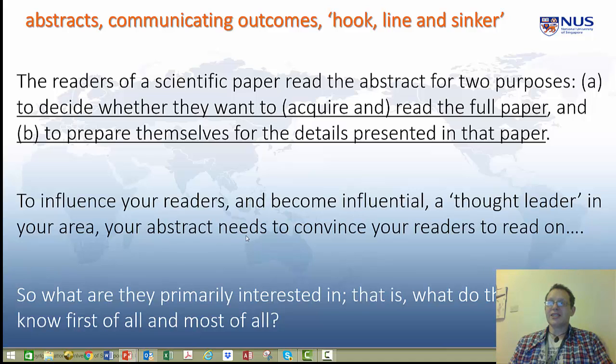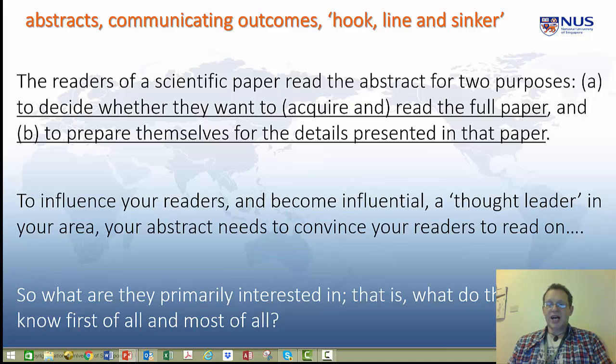Your abstract needs to convince your readers that they want to read some more. They want to read your paper. So let's ask the obvious question. What are your readers primarily interested in? What do they want to know most of all out of your paper?